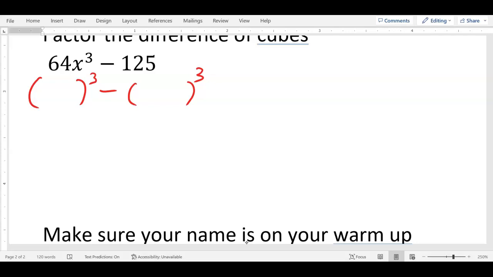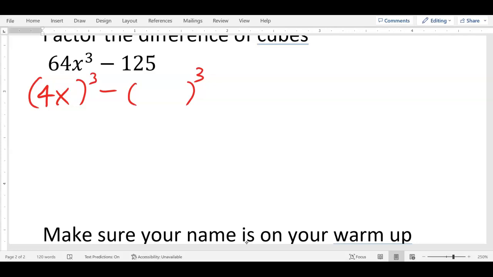We'll put a 4 here, but we can't forget that x. What cubed gives you x cubed? X. So you have a 4 and you have an x. Let's think backwards. Is 4 cubed 64? Yes. Is x cubed? Yes.